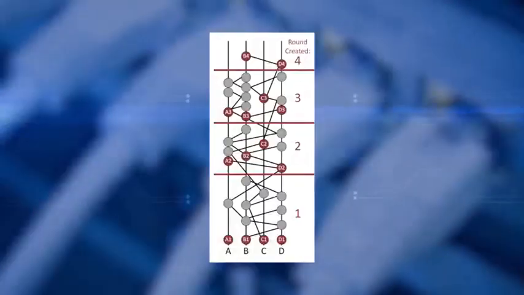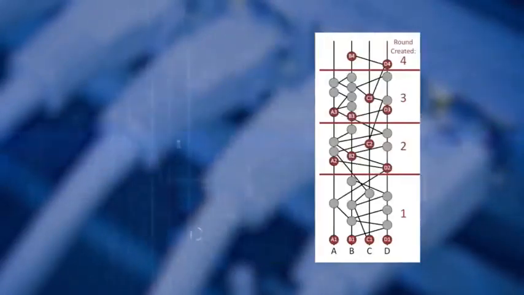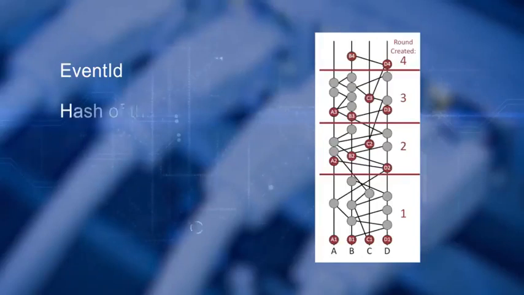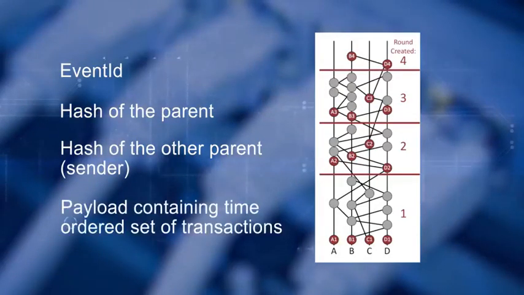Let's look at the participants, events, and witnesses. Every event has exactly one sender participant and one receiver participant. The event in the graph is represented visually by a filled circle containing these items or attributes: event ID, hash of the parent, hash of the other parent or the sender, and the payload containing the time-ordered set of transactions.